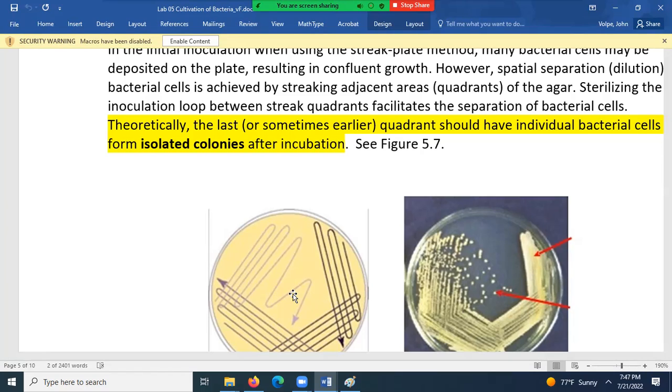If you were to only take your cells from one colony isolation event, there's only a 75% chance that this colony is pure, meaning this colony here and that colony there may have been formed from more than one cell, in which case it would not be a pure culture.